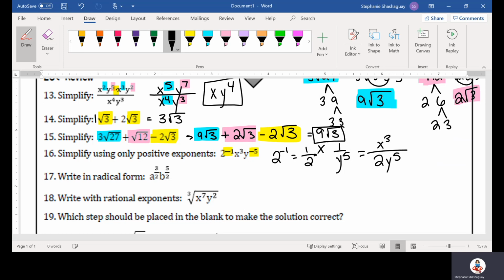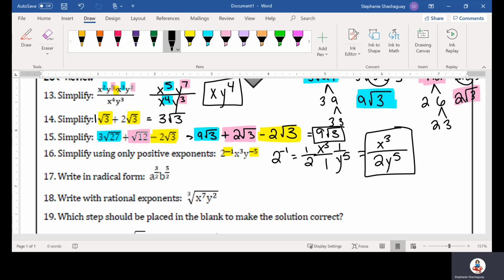That's multiplied by x cubed over 1, because you can always put any number over 1. It already had a positive exponent, so we didn't need to change it. And then y to the negative 5 became 1 over y to the 5th. Multiply those straight across, and you get x cubed divided by 2y to the 5th.